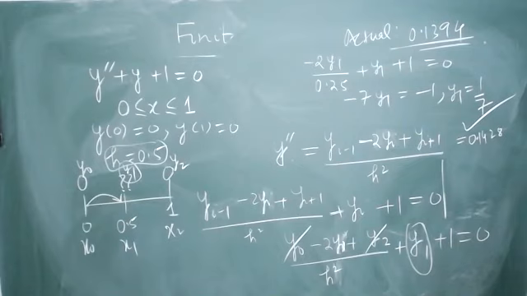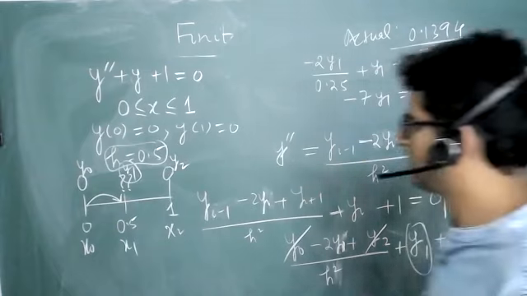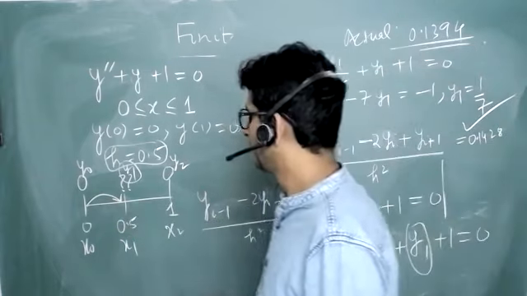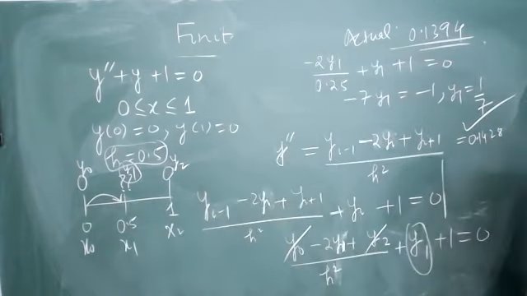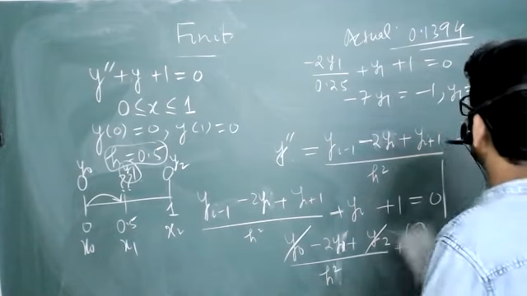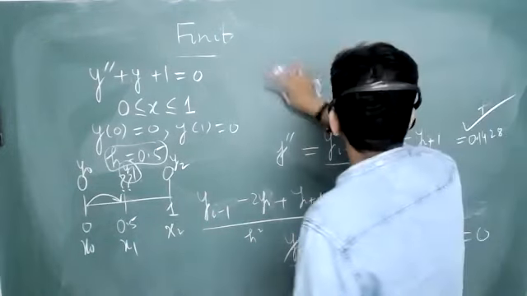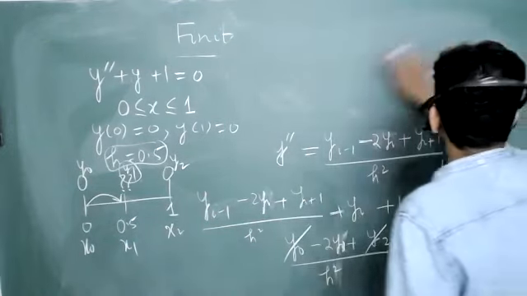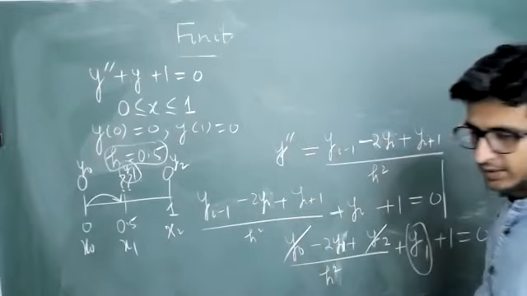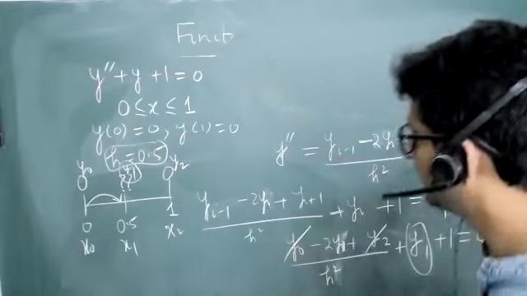In real life we will make more grids. Here only 2 intervals were there. I will take the value of h equal to 0.25, and I give you as homework to write the equations. Now linear equations will start forming. In the first case only one equation was there.